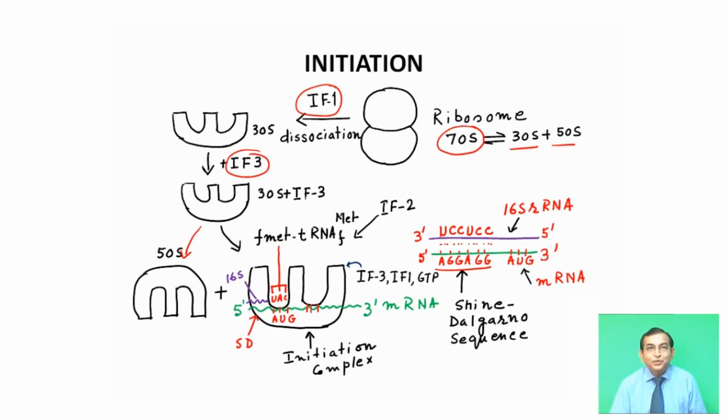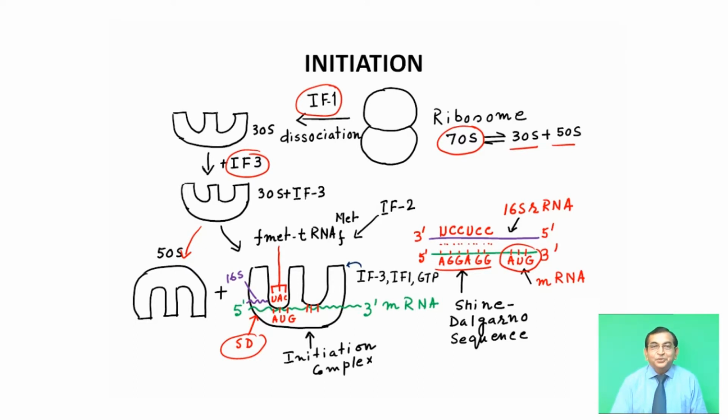This is a hexanucleotide purine-rich sequence located about 7 nucleotides from the initiation codon AUG. This sequence is called the SD sequence or Shine-Dalgarno sequence, after the name of its discoverer.